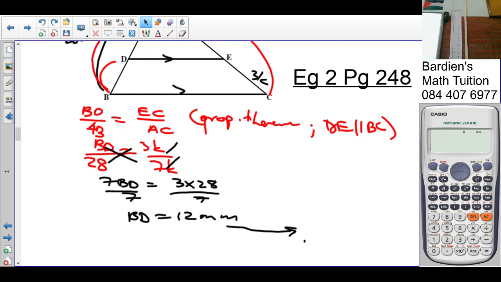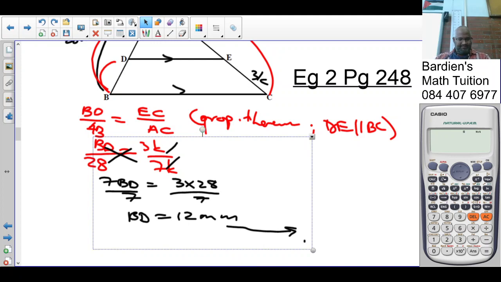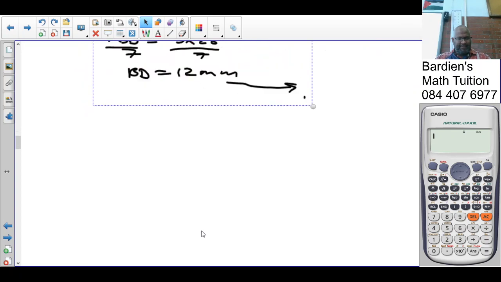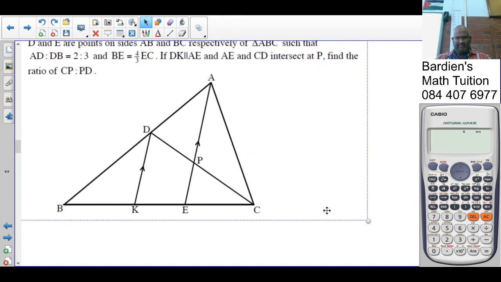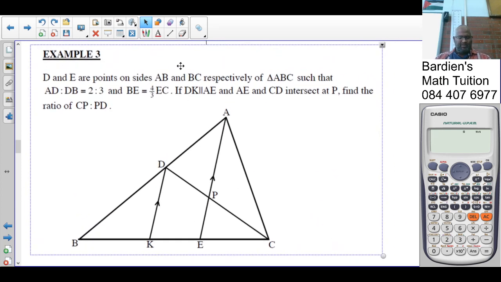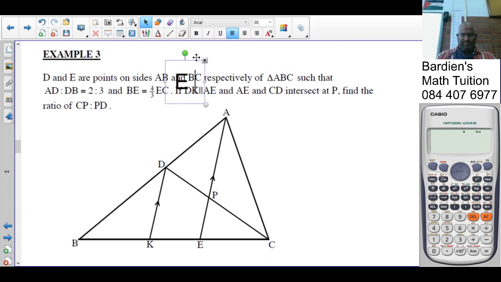Okay. Let's look at example 3. Example 3 is on page 249.